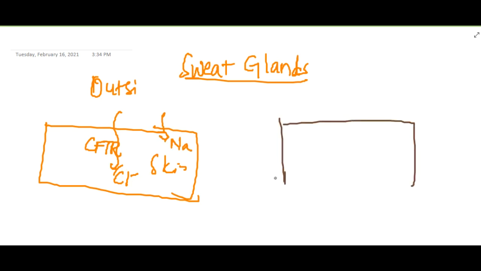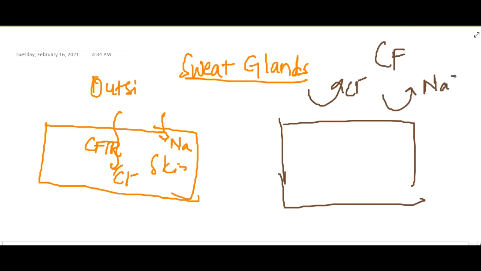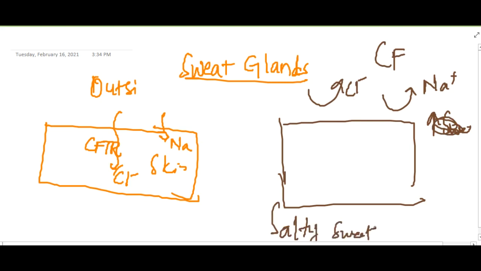That is normally. In cystic fibrosis, there is no reabsorption of chloride and no reabsorption of sodium. As a result, there is not just excess sweat; there is excess sodium chloride in the sweat, that is, salty sweat is seen.